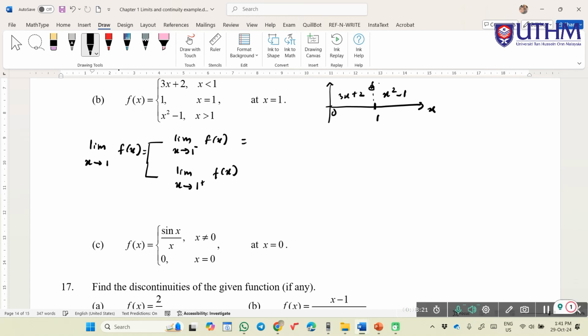For this limit, they are not equal, so we need to find the limit from the left and right hand side. For the limit from the left hand side, x is less than 1, and the function is 3x plus 2.